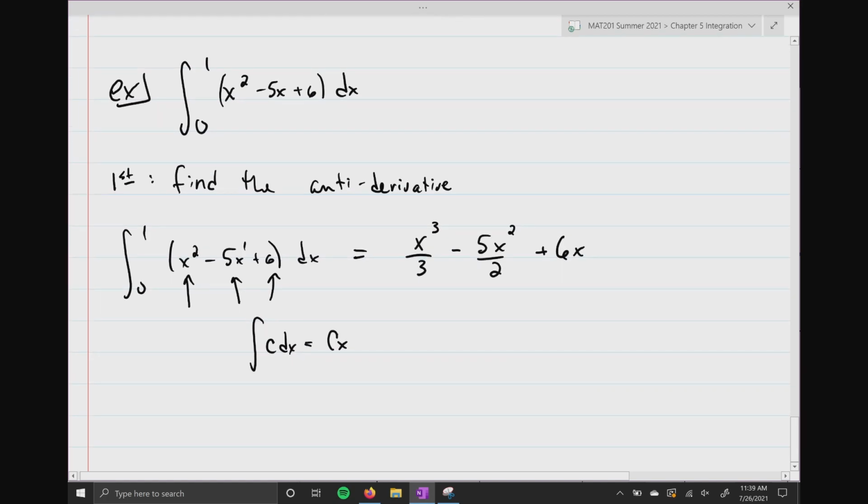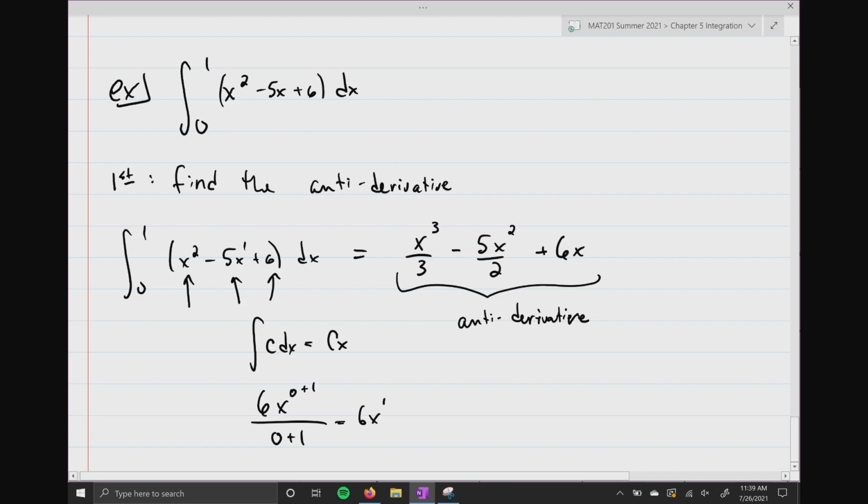This 6 is really 6x to the 0. So what you're doing here is you're adding 1 to this exponent, and then dividing by 0 plus 1, and that's how we get 6x to the first. I hope that makes sense. It's an easy way to think about it. So right here is our antiderivative.